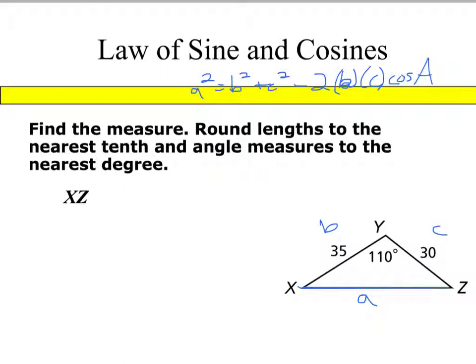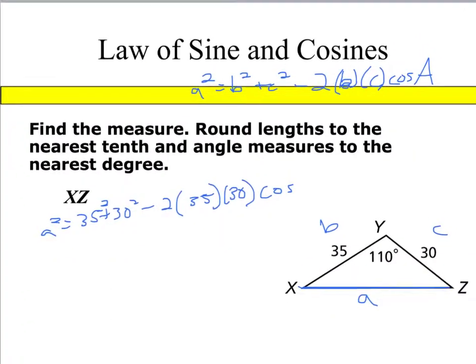So A squared is equal to 35 squared plus 30 squared. Can't forget that squaring symbol. Minus 2 times 35 times 30 times the cosine of 110.